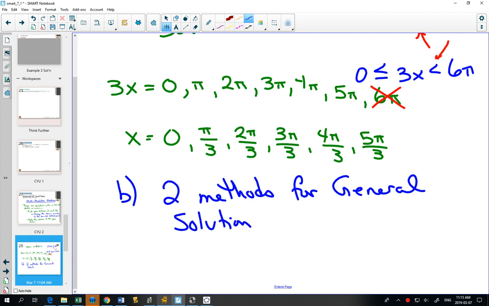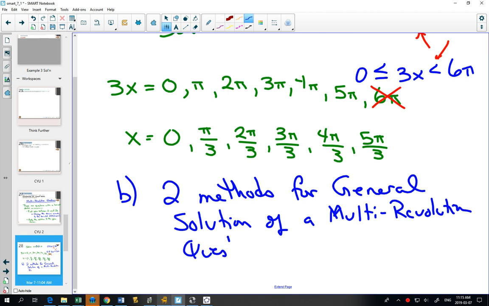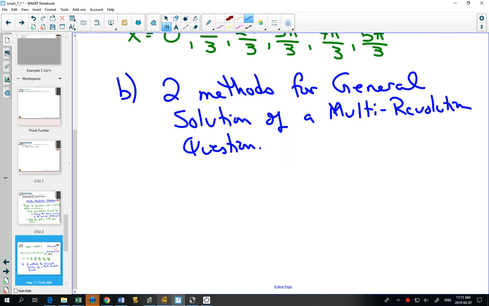Two methods for the general solution of a multi-revolution question. Method 1. Method 1 is the same method that you would use for a regular general solution.